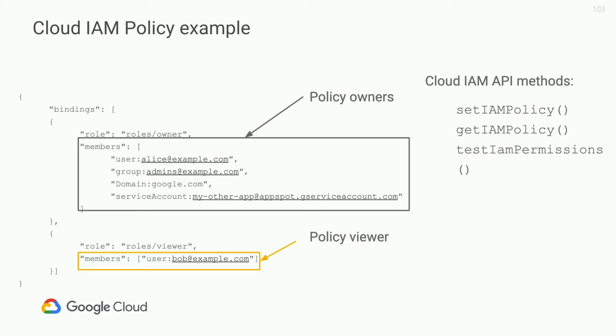So you have a role, and you have whatever member you want to put into the policy binding. One policy consists of many bindings, and you can attach that policy to a resource that you want to assign it to.